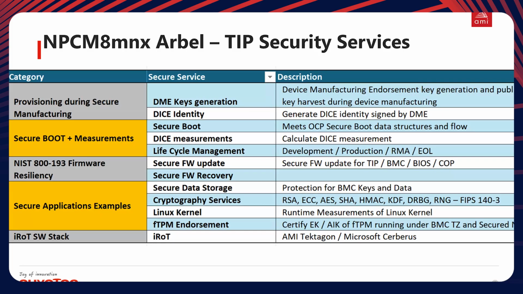We harvest that and we provide our customers with a list of the DMIs so they can verify every time that each sample is located exactly where it's supposed to be. From the DMI, we generate the DICE identity and the DICE key. And from that DICE key, we can generate as many alias keys as we want, so that the BMC can use them or the TIP can use them for any kind of security purpose that they have.